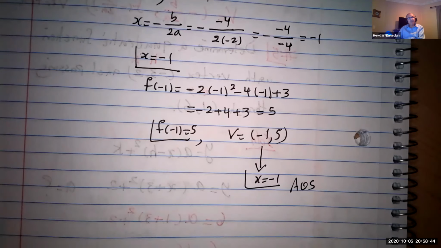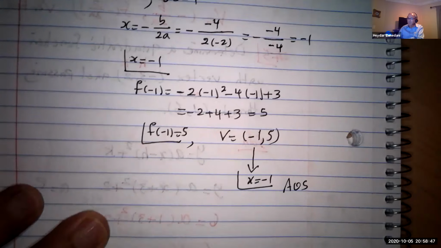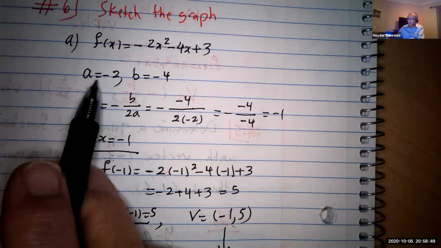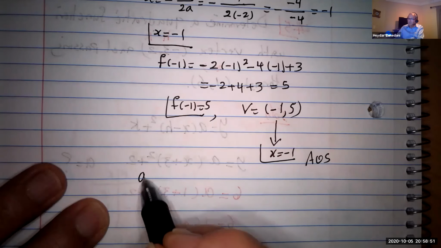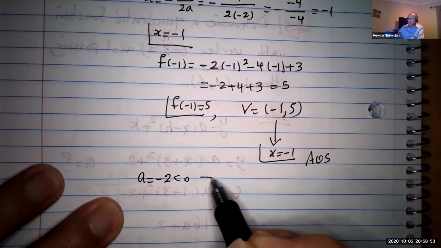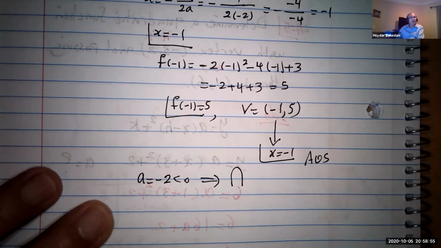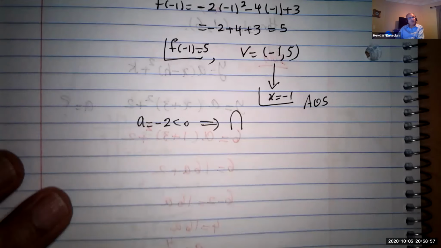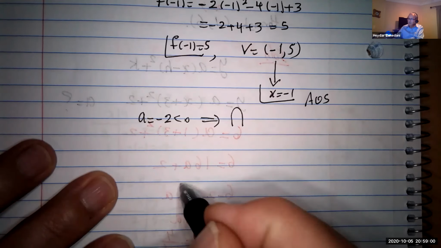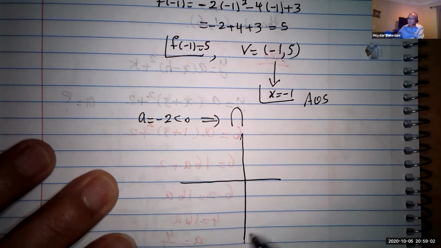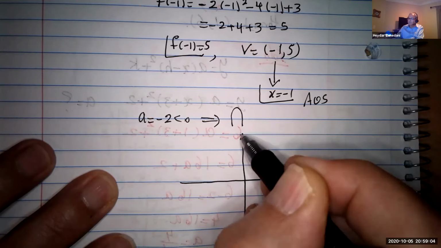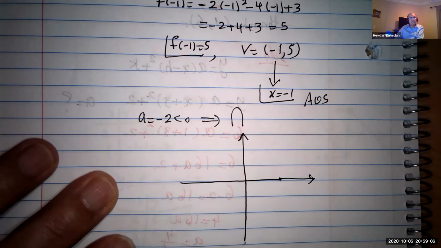Now we want to graph it. We preview first. Your a is negative 2, so the negative means down. This is the graph. So we are going to confirm it. Get the vertex at negative 1 and 5.